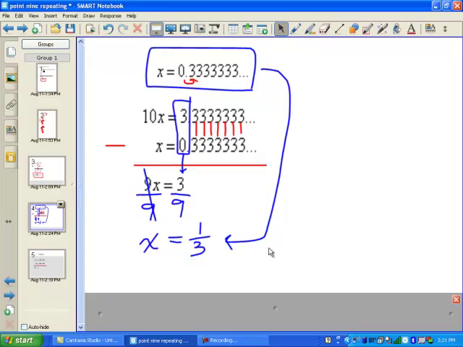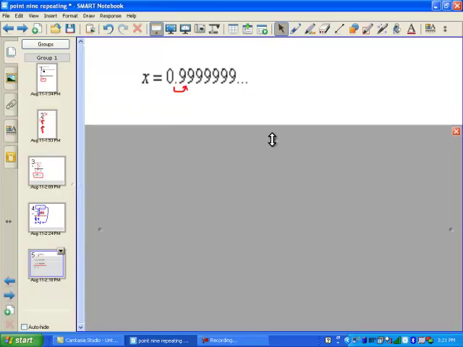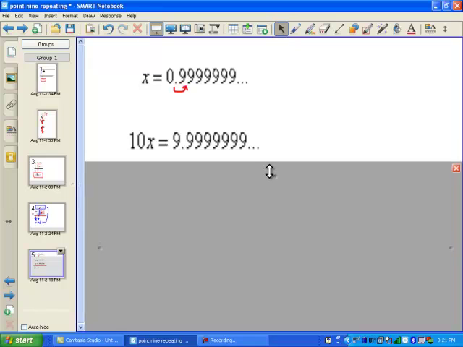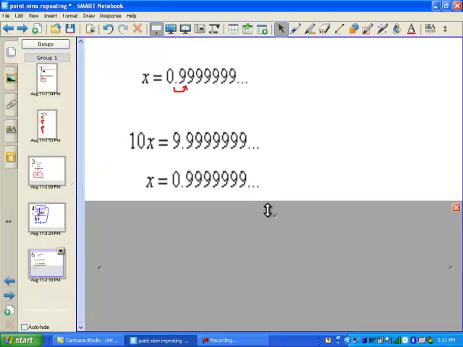So let's try that now with 0.9 repeating infinitely. Do you think you can see where we're going to go with this? We're going to take 0.9 repeating infinitely. We're going to multiply it by 10 so that we move the decimal one place to the right. So 10 times x is the number 9.999 repeating infinitely. Writing our value for x underneath there, x equals 0.999 repeating infinitely.